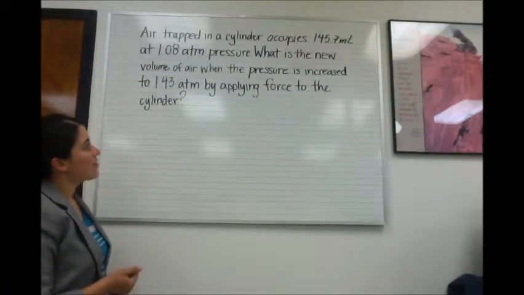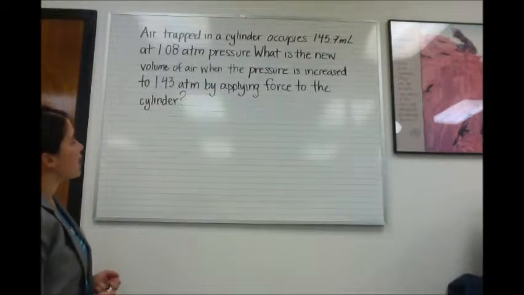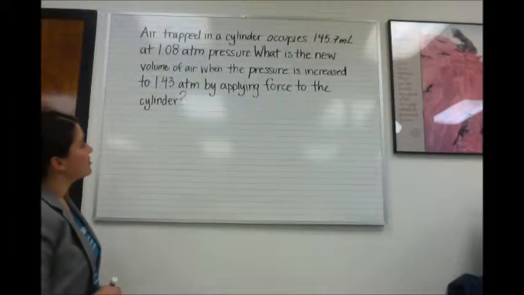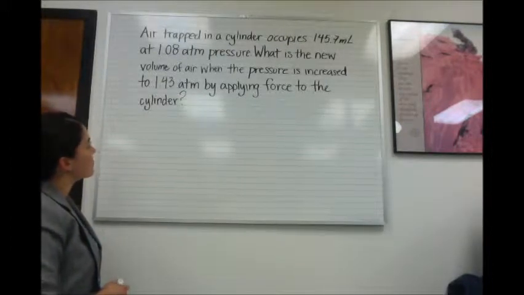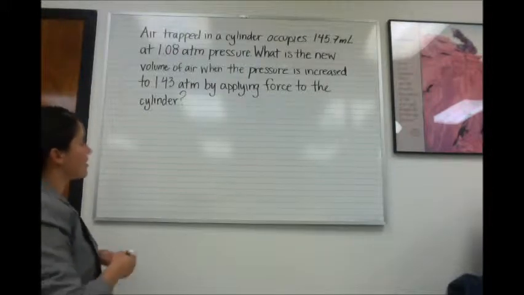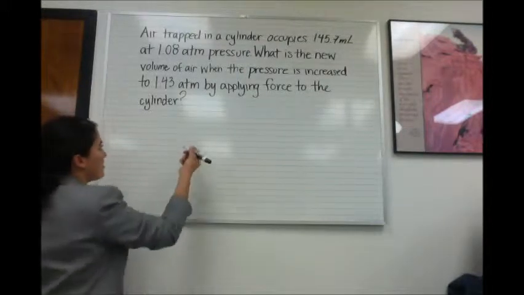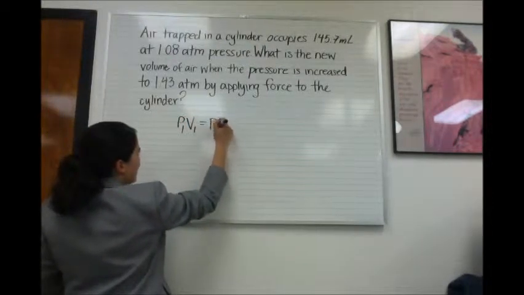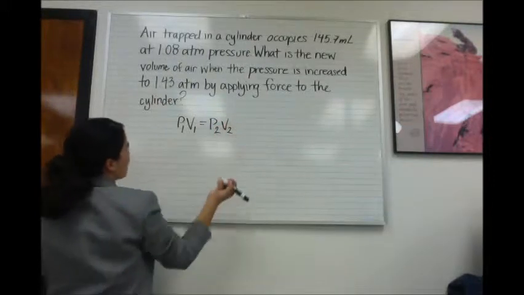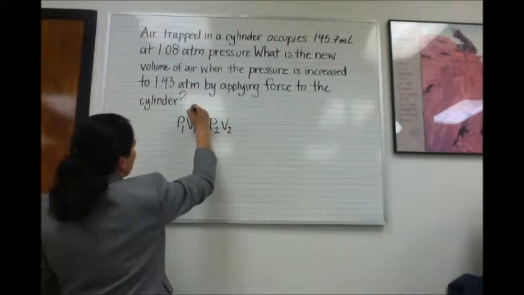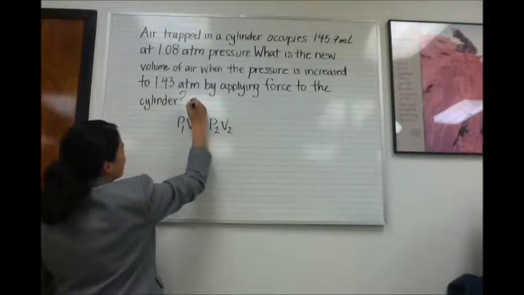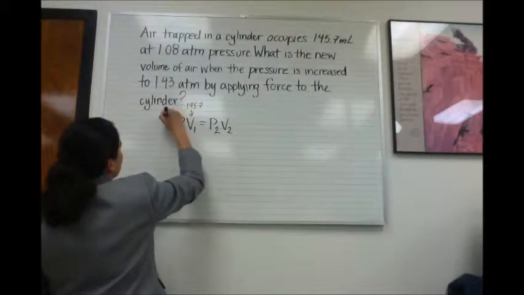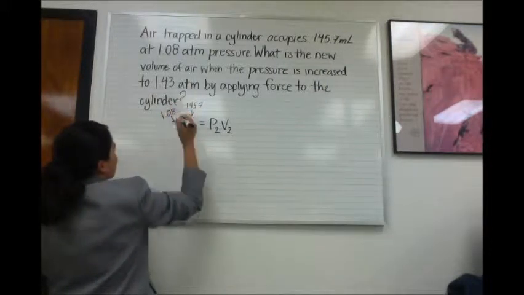Air trapped in the cylinder occupies 145.7 milliliters at 1.08 atm pressure. What is the new volume of air when the pressure is increased to 1.43 atm by applying force to the cylinder? We are going to use Boyle's law, which is P1V1 equals P2V2. We know the first volume because that is given to us first, and it's 145.7, and our first pressure is also given as 1.08.